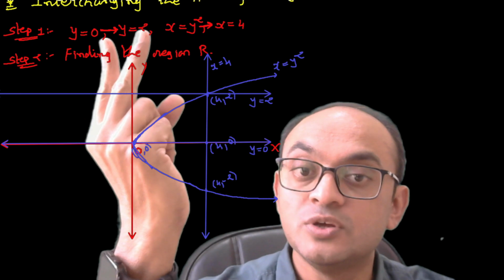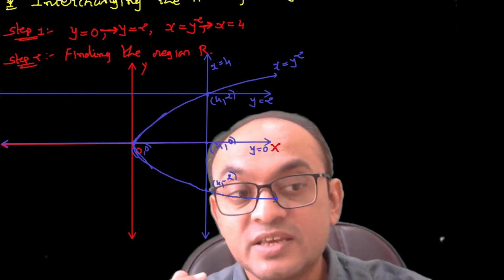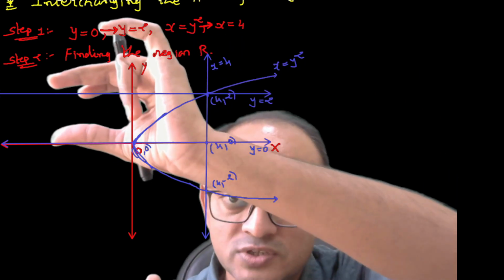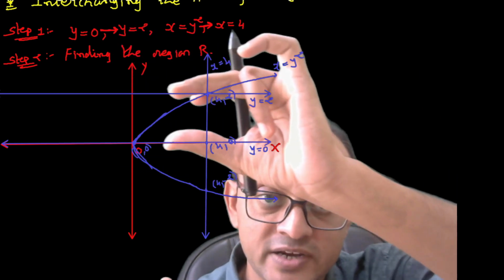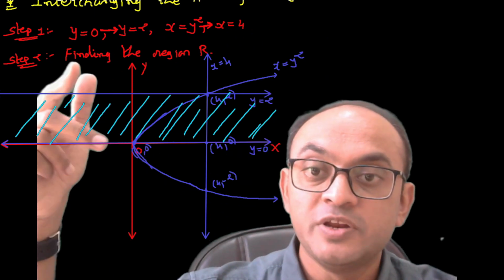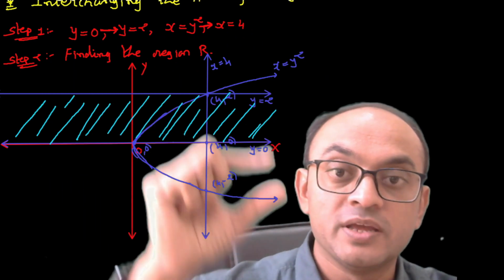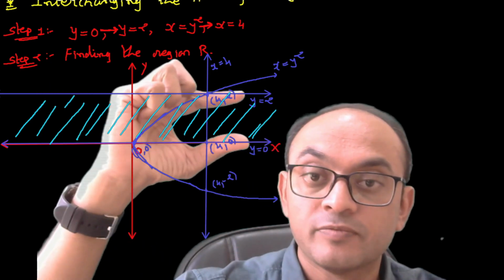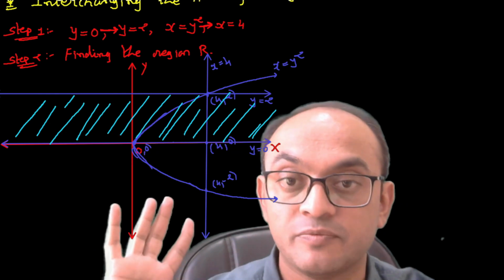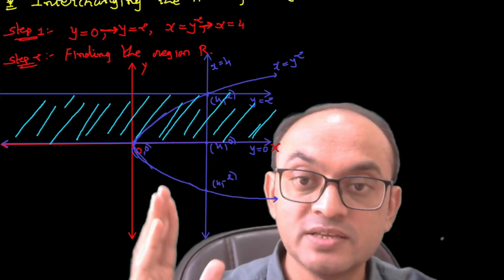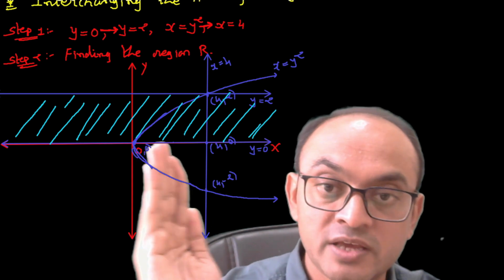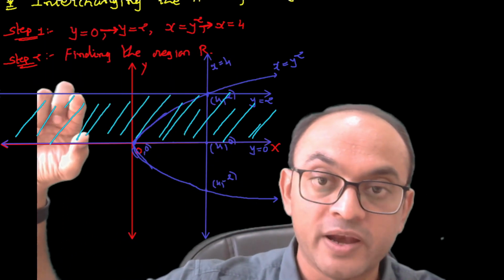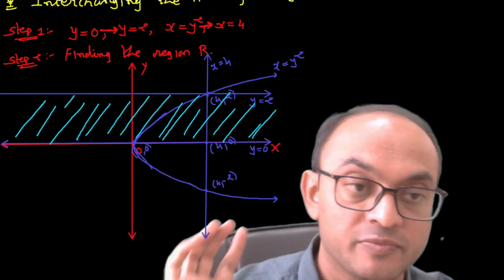It fixes the infinite strip. My region is always inside this strip and will not be outside of it. So this lower portion is gone, this upper portion is also gone. Only I have to find my region inside this strip.